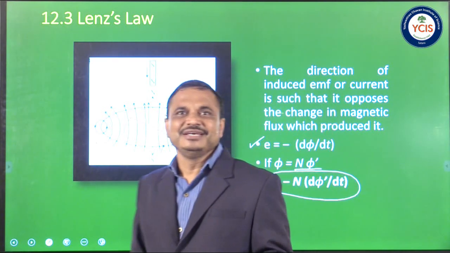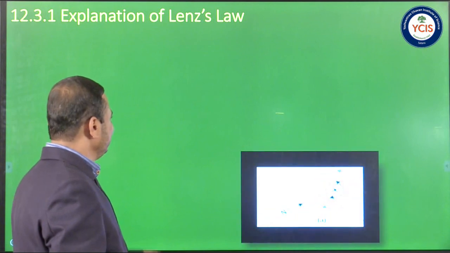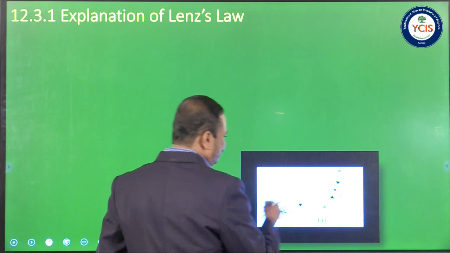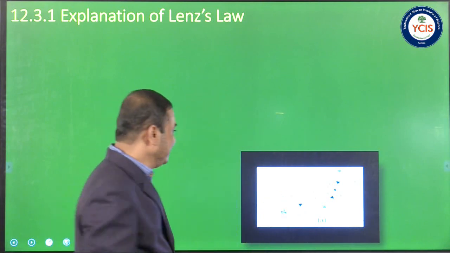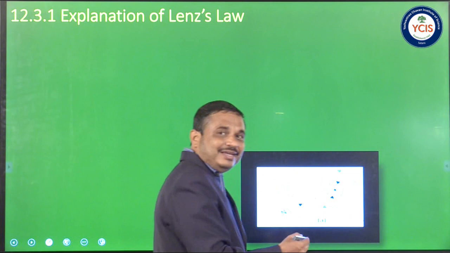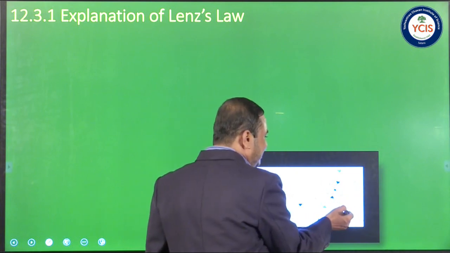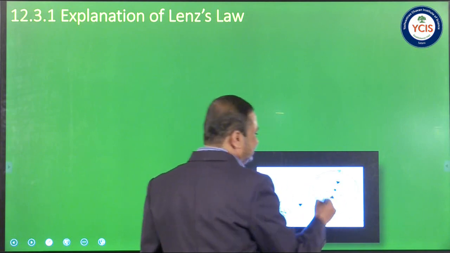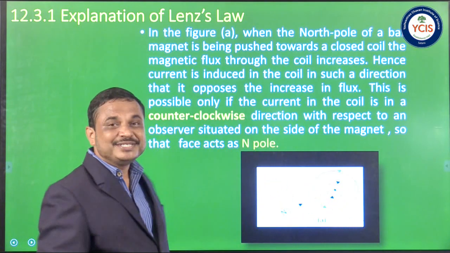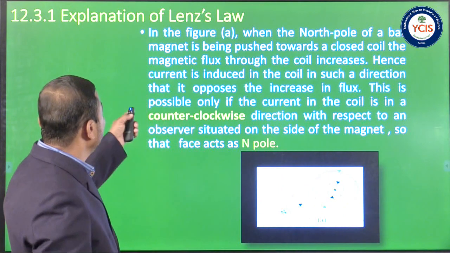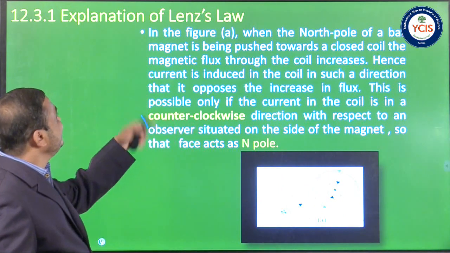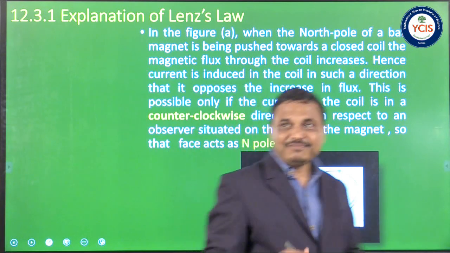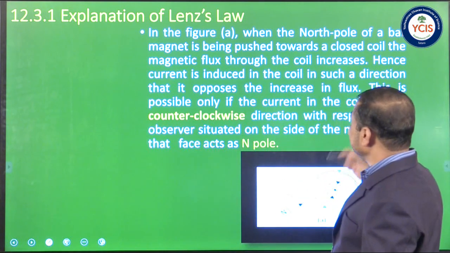Again we explain this in another way. Suppose this is figure A. In figure A, the bar magnet with N pole approaches the coil, and if this is the face of the coil, then the current in this coil is induced in an anticlockwise sense, so that this face acts as an N pole, and there is a force of repulsion between N and N pole. So in figure A, when the north pole of a bar magnet is being pushed towards a closed coil, the magnetic flux through it goes on increasing.